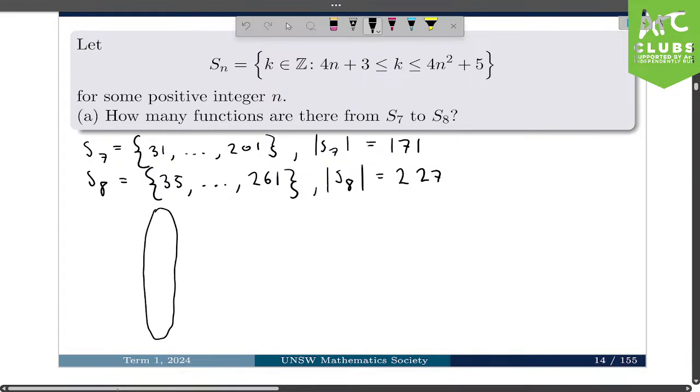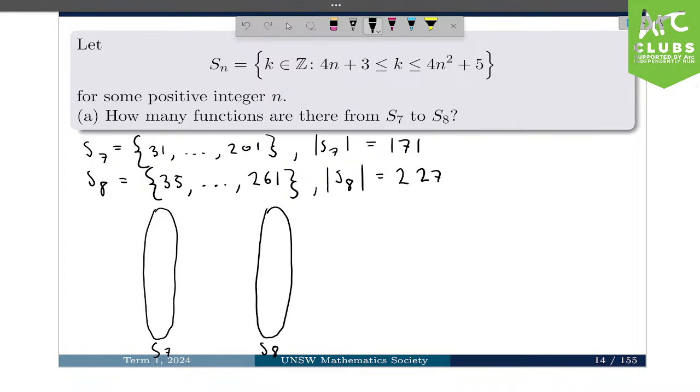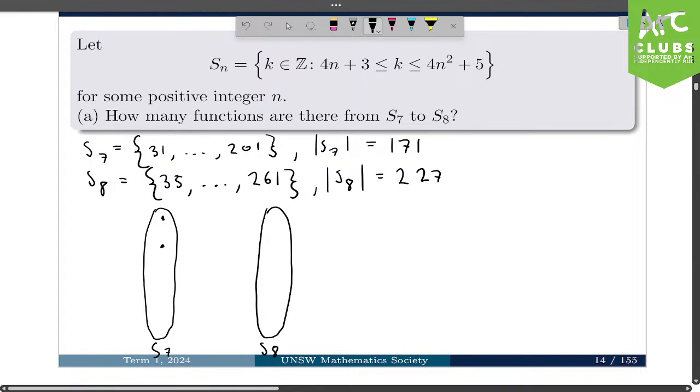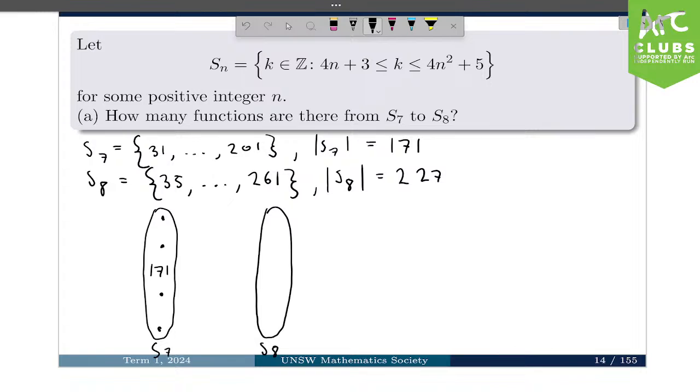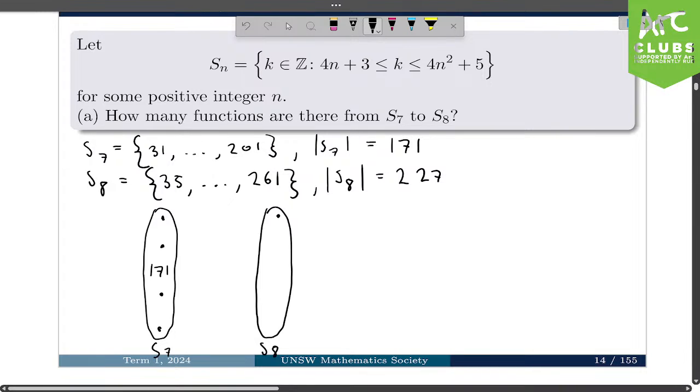So, as I'm sure we all like to do, let's draw our bubbles for the codomain and domain. This is S7, S8. And we've got lots of elements here. We've got 171 of them actually. And lots of elements here. 227 of them actually.